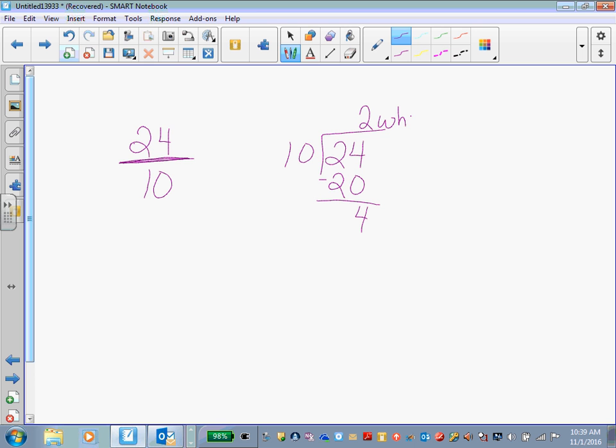So the 2 is your whole number. Your quotient is always your whole number. Your remainder is your numerator. And your denominator stays the same. 2 and 4/10. And then in this case, that 4/10 could be simplified again.